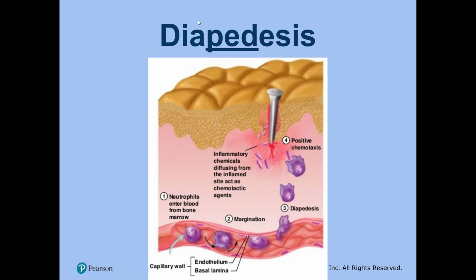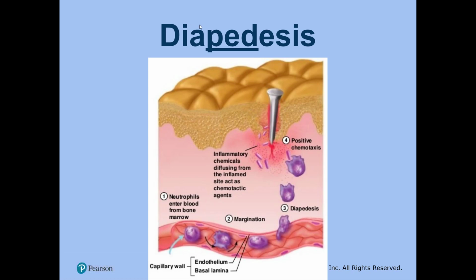The next concept is diapedesis, which is pretty cool. The white blood cell squeezes through the cell wall of the blood vessel in order to travel to the site of the inflammation.